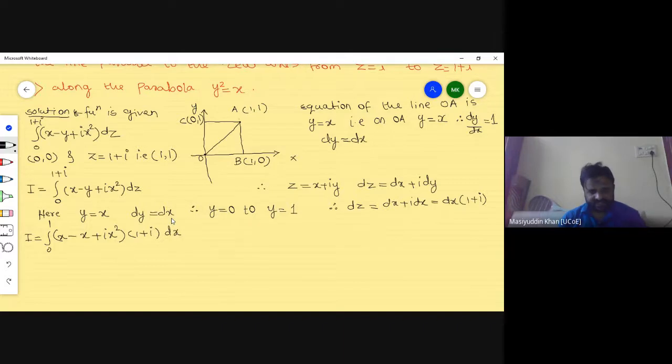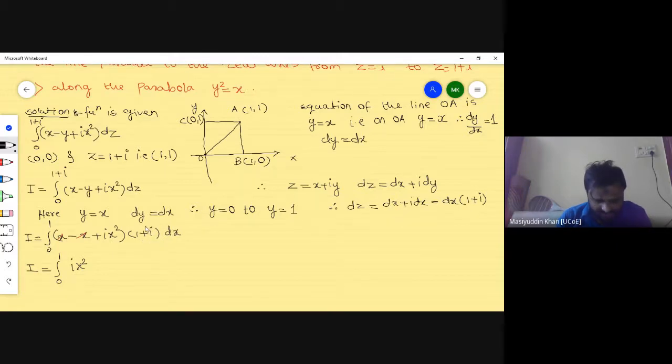So hope things are clear to everyone. Now x gets cancelled here. We have to multiply with this part. So I is equal to integral 0 to 1, i x square. i into i is i square, and that is minus 1.